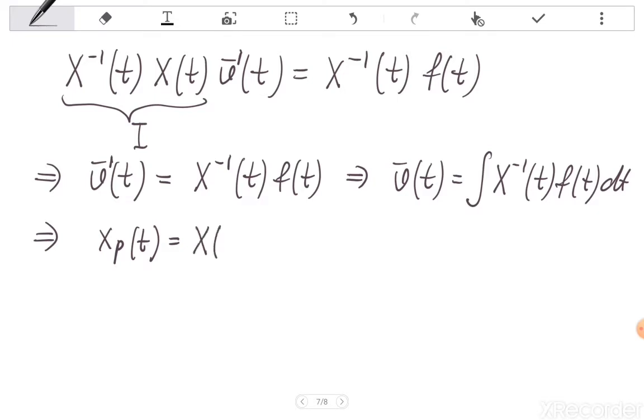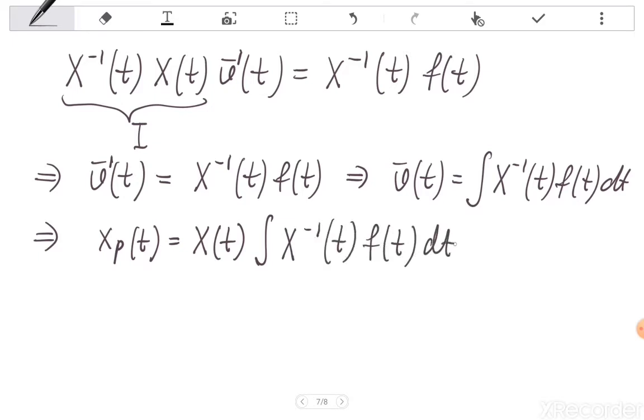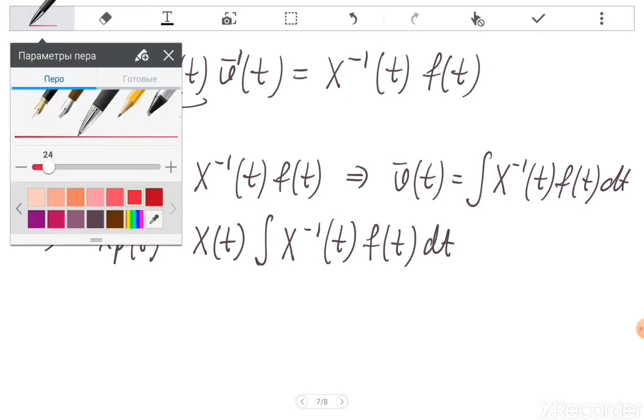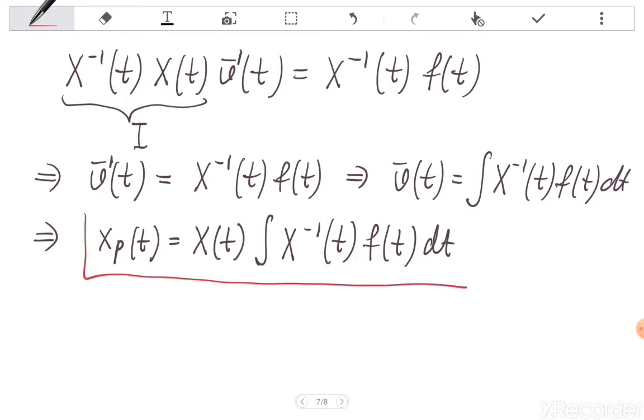So x of t times the integral of x inverse of t times f of t dt. This is the precise formula for finding a particular solution with this method of variation of parameters. And we will use this formula now in an example.